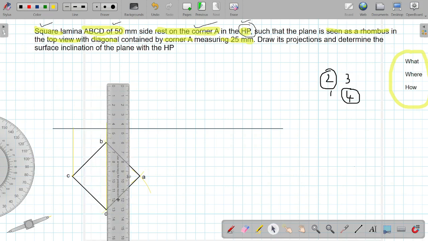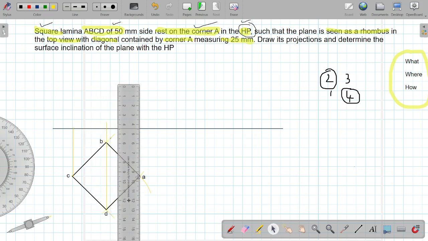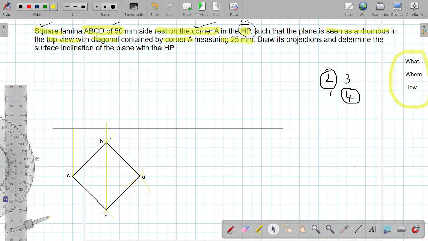And then finally A. You have to take projectors from each and every point on the figure. Now wherever these projectors are touching this XX line or the reference line, I will name this line as XX.